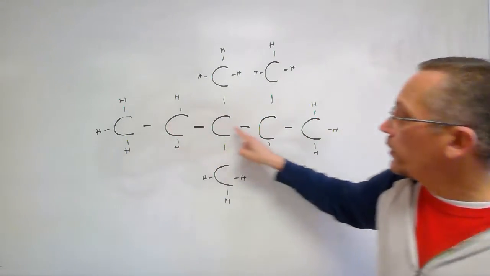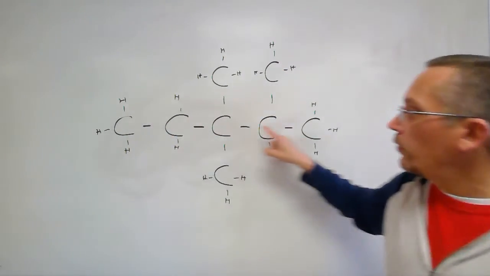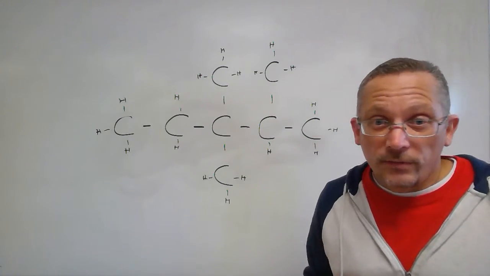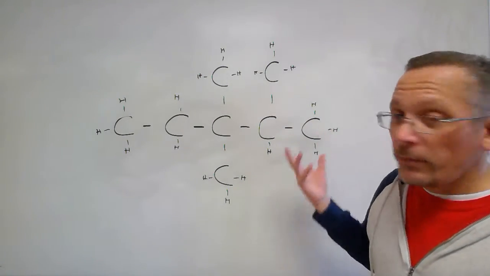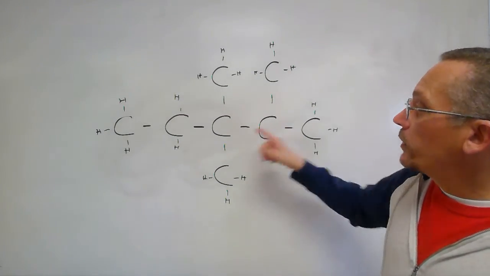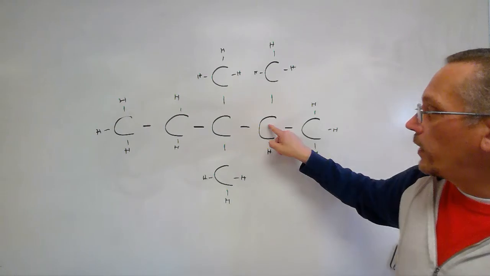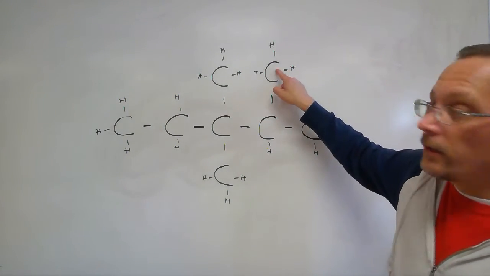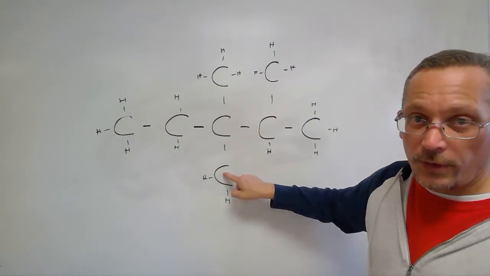So it's either this way or this way. Either way will be equivalent and the same. So I'm going to choose to think of my main chain as going this way, and then I have a branch here, and a branch here.